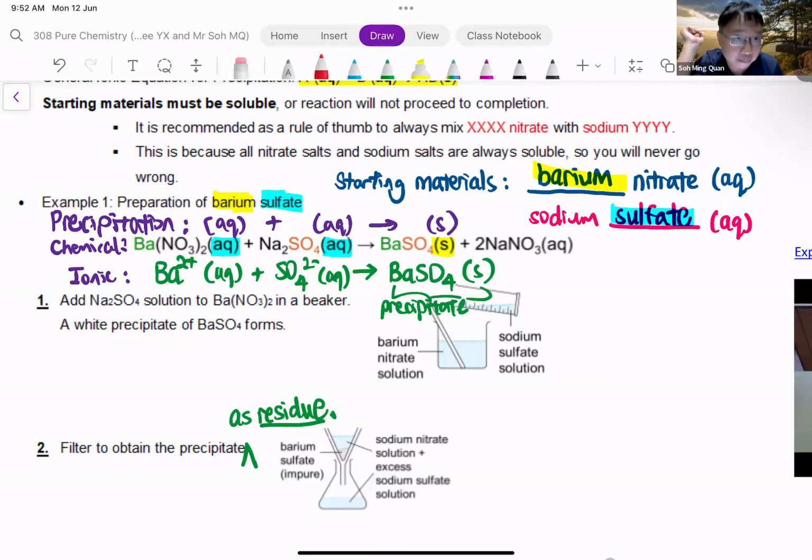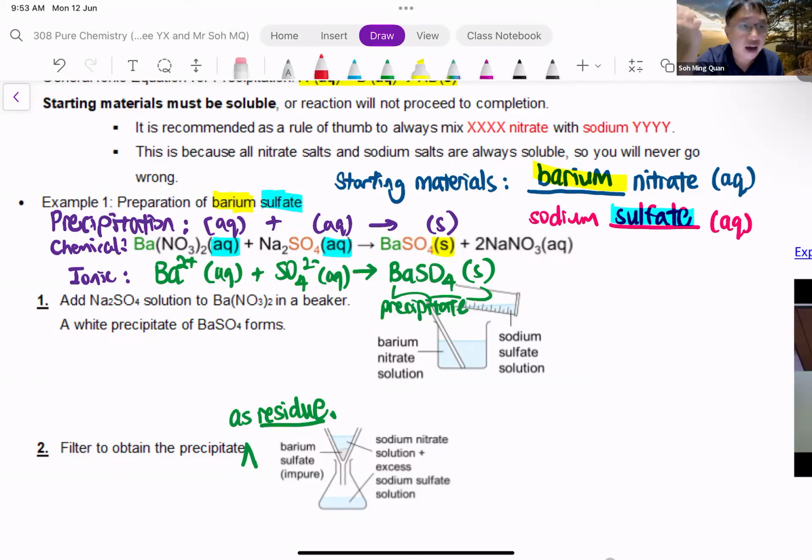So take, for example, if you wanted to make barium sulfate, an insoluble sulfate. You must start from aqueous barium nitrate and aqueous sodium sulfate. Why do we choose barium nitrate? Why do I choose nitrate to go with barium as a starting material?